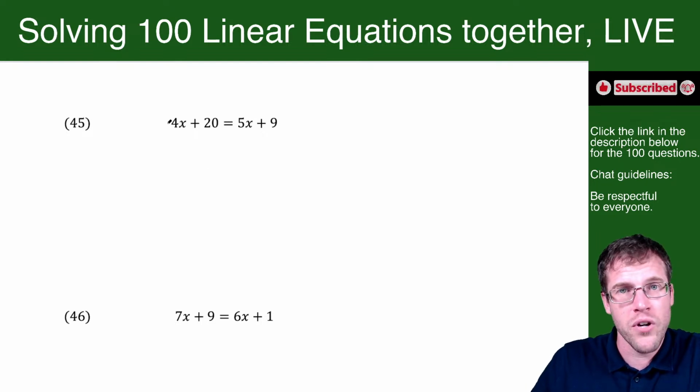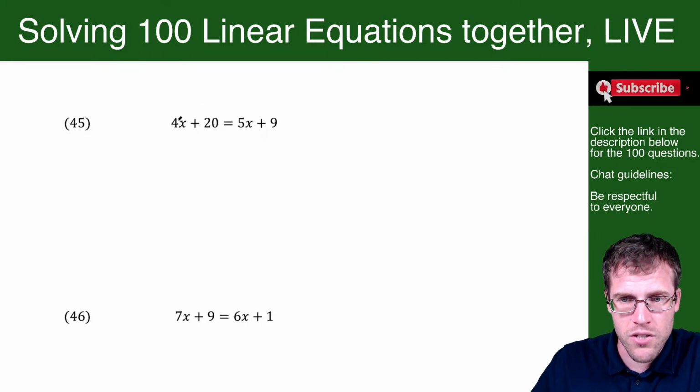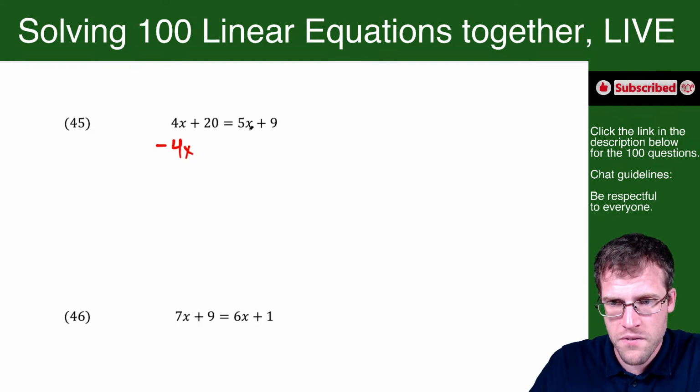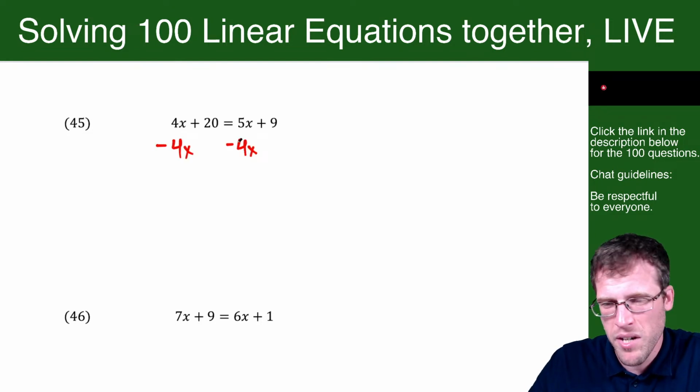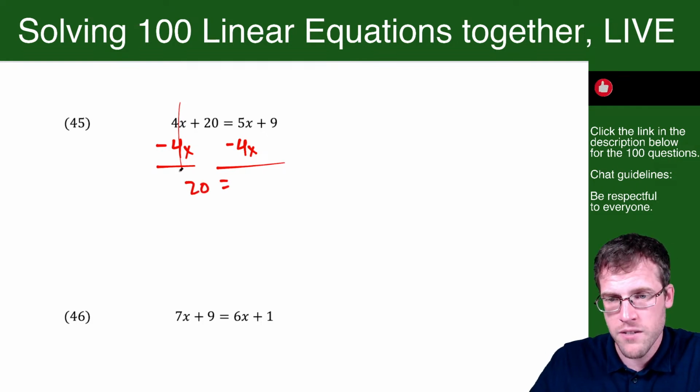If you only like to move your x's left, you have to be kind of ambidextrous here. Move this over to this side because 5 minus 4 is 1. If you do 4 minus 5, you get negative 1. I just prefer to do it this way. And now I'm only left with 20 on the left after 4x minus 4x cancels.